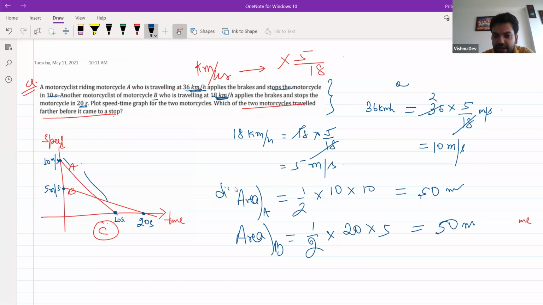The distance traveled by A as well as the distance traveled by B, we are getting the same. So both will travel the same distance before coming to a halt or stop. Right? Is this clear, how we made use of the graph?